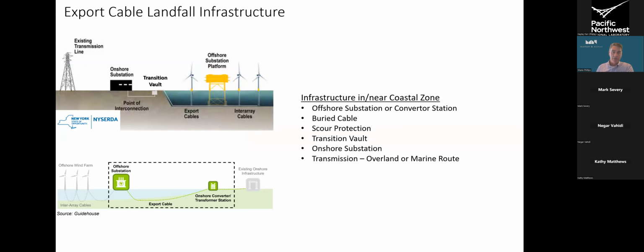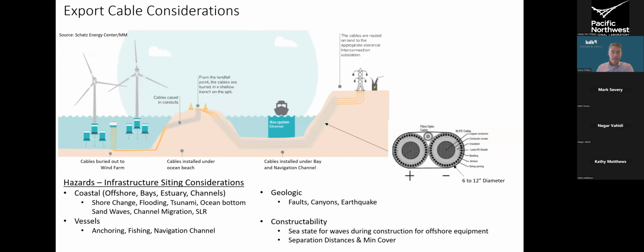So with buried cable, there could be scour protection associated with that in certain areas. And so you're working in the nearshore areas for this installation. This is just another graphic showing something similar, but it points to a few other elements: it may not just need to come to shore along the Gulf or the ocean, but there may be interior waterways, bays, estuaries, and navigation channels to then be able to actually connect into the grid.